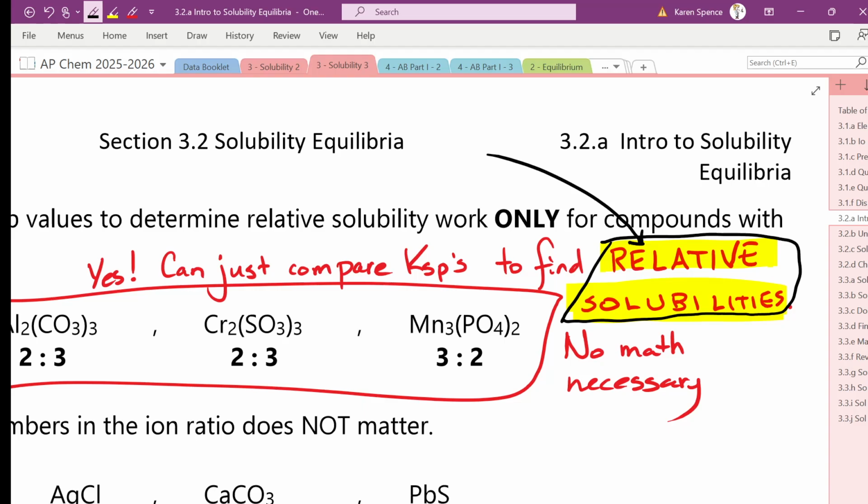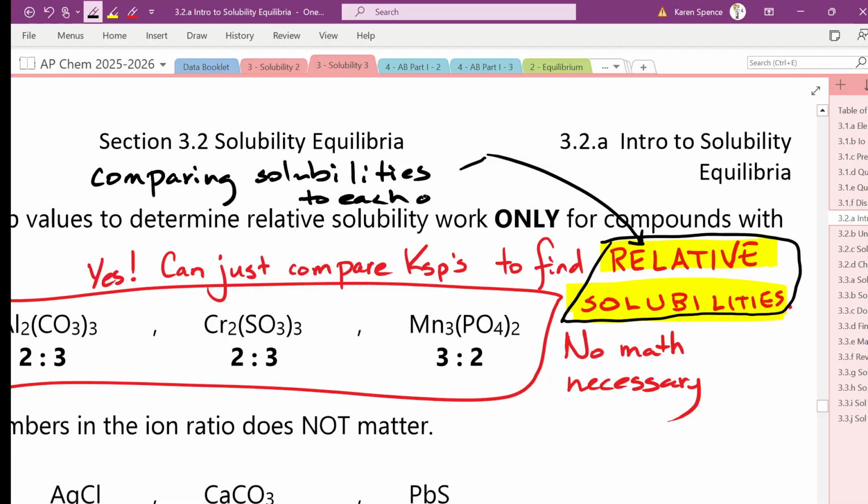Solubilities relative to what, sorry? To what you're comparing. Yeah, you're basically just comparing the solubilities to each other. Okay, I just bring that up because sometimes people get thrown by that language.